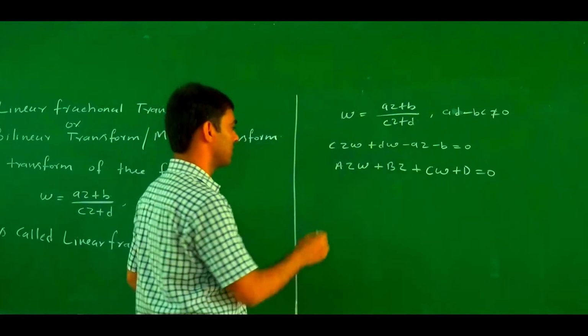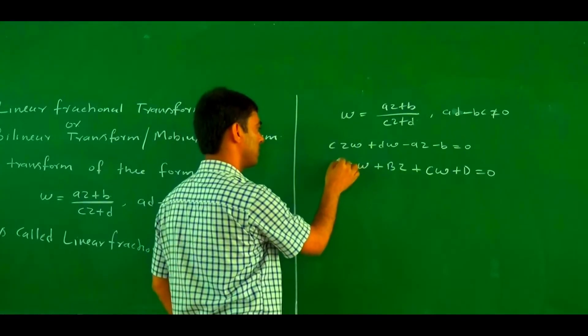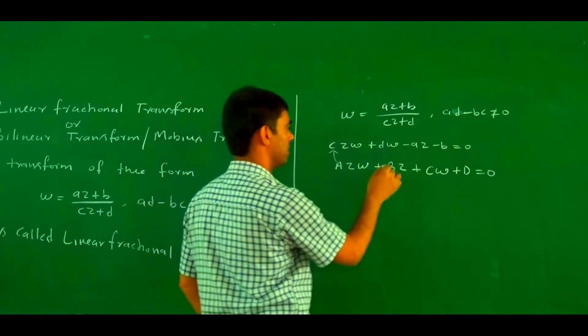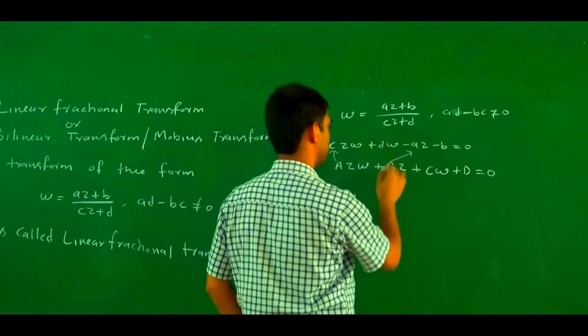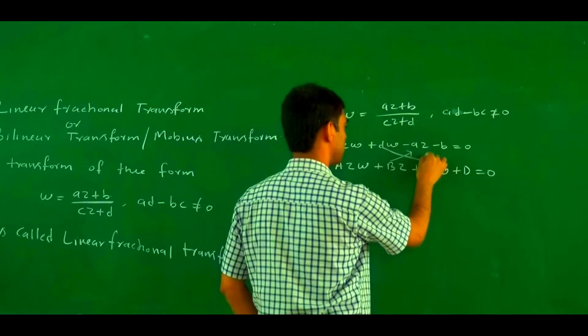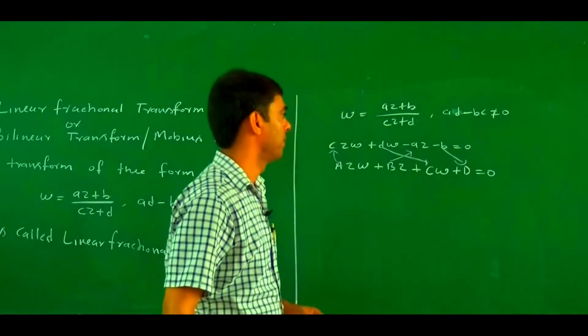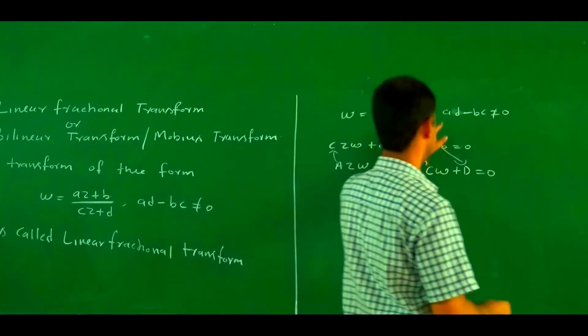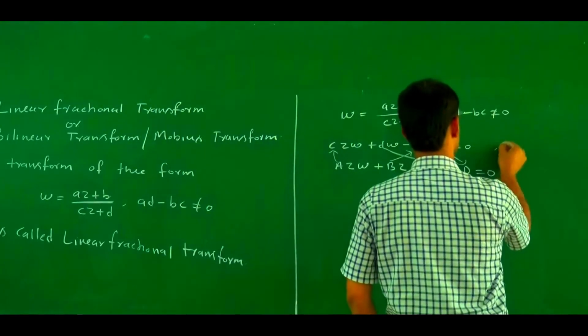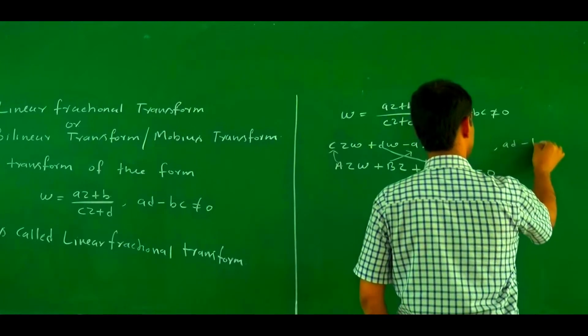Then if you closely observe, A is replaced by C, B is replaced by minus A, C is replaced by D, and D is replaced by minus B. Now what will happen to AD minus BC?